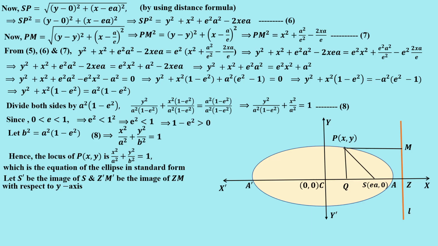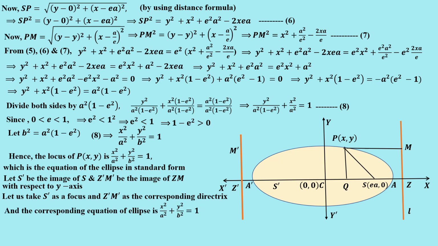And similarly we are taking M dash instead of M, so we will get L dash, another directrix. So S dash is the focus, Z dash M dash is the corresponding directrix. And the corresponding equation of the ellipse is the same, x square by a square plus y square by b square equal to 1. So for every ellipse there are 2 foci and 2 corresponding directrices.